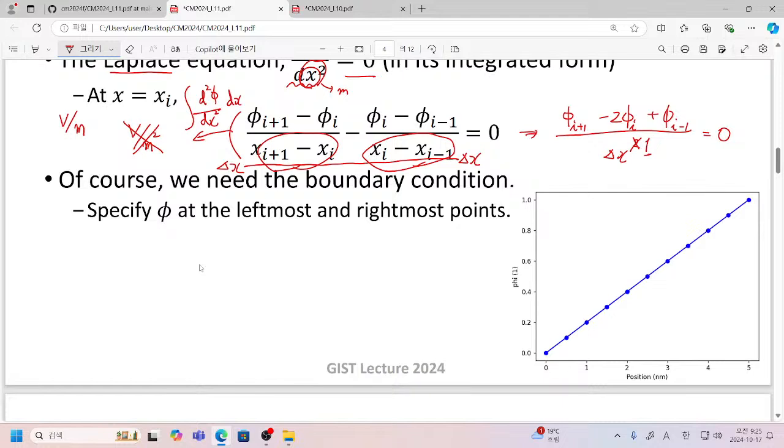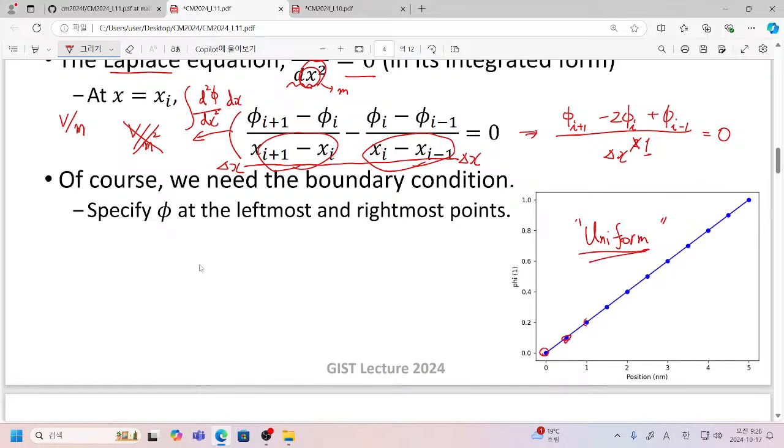So now you can solve this Laplace equation in the 1D case without the restriction of uniform spacing. Please do your calculation. Of course, this example is just showing the solution for a uniform mesh.